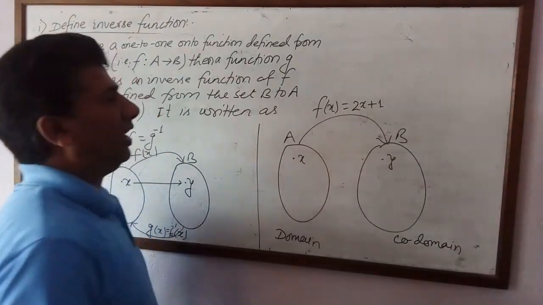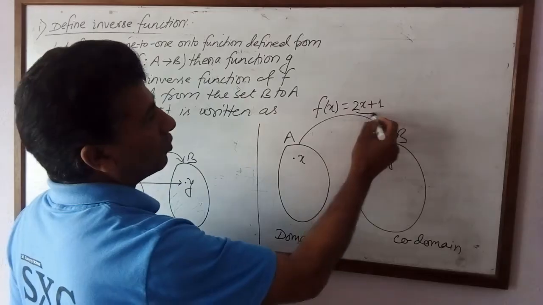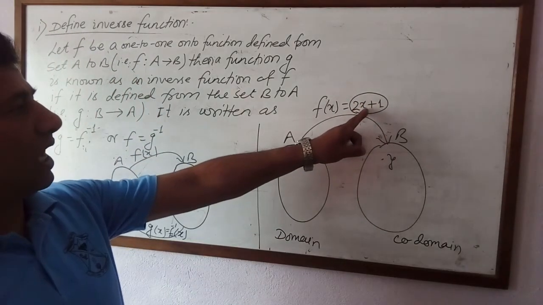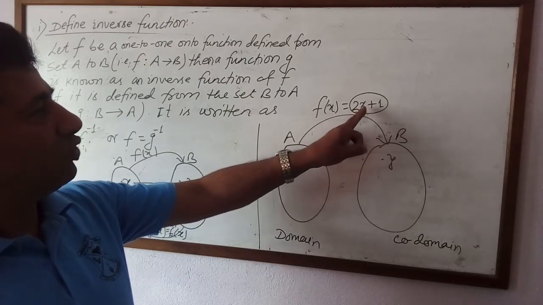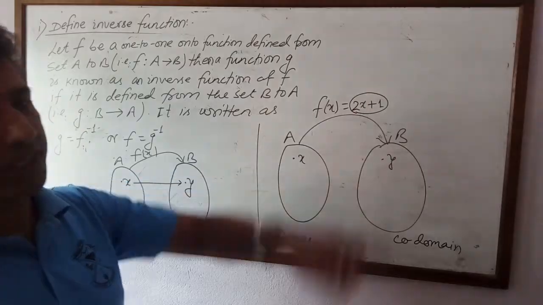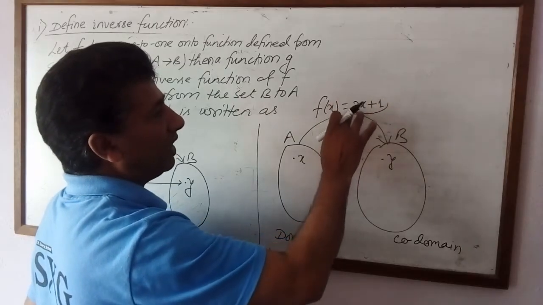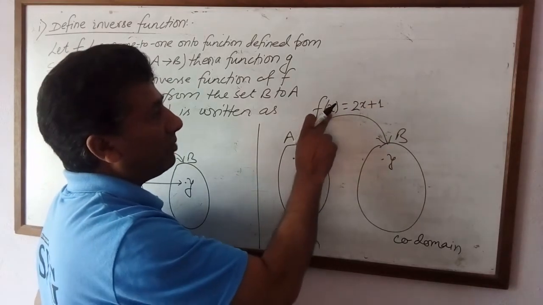Now I have written here f(x) equals 2x plus 1. This 2x plus 1 is in the form of an equation. There is only x. X means this domain, this variable. Now this 2x plus 1 is known as the function, and we have given the name of this function as f. F is just a name.